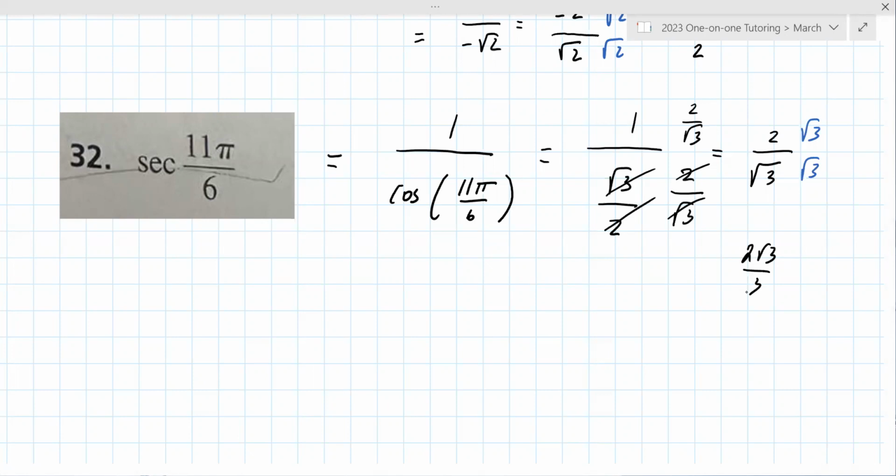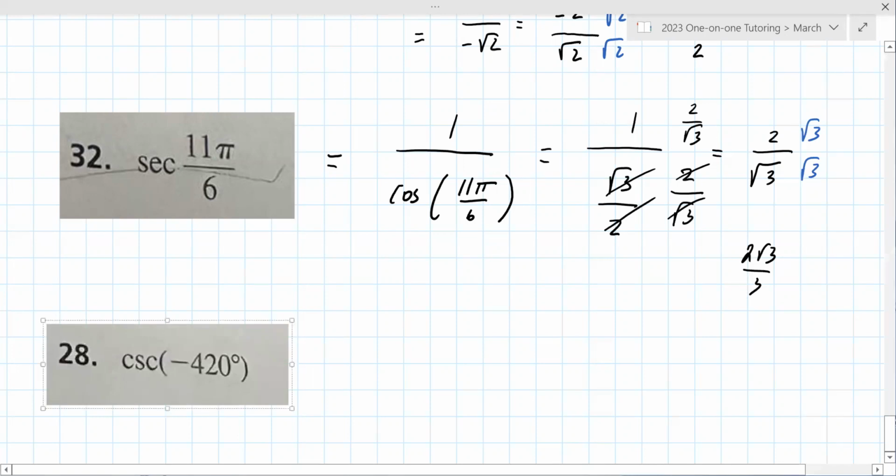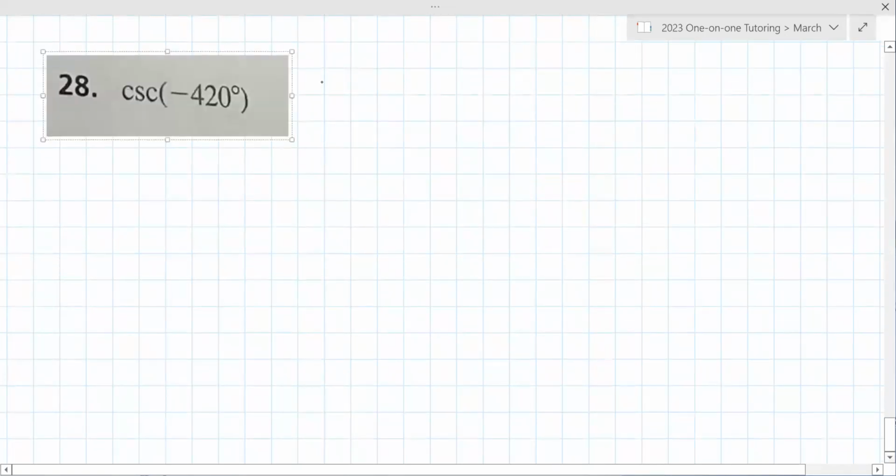Okay, any questions on that before we move on? Nope. All right, we're going to do 28 next. 28 is a cosecant. So cosecant is really 1 over sine of minus 420 degrees.